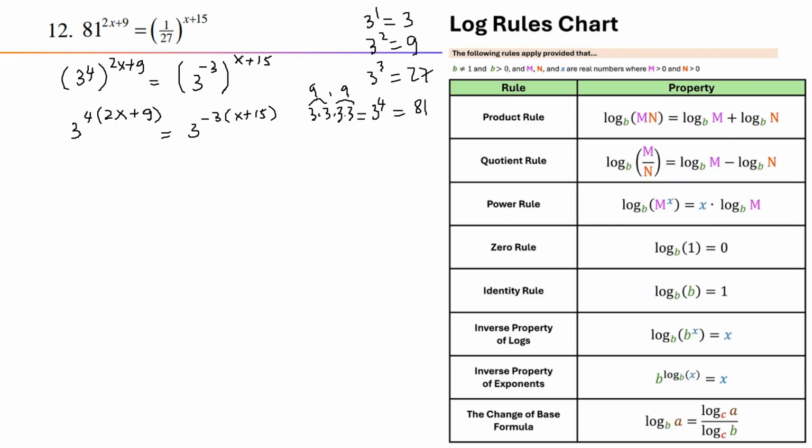Now it's the same base, so we just set the exponents equal to each other. Now we do the same thing, distribute. That is 8x plus 36 equal negative 3x minus 45.